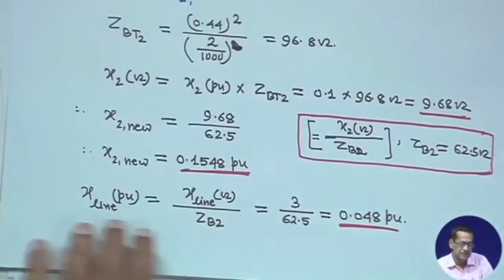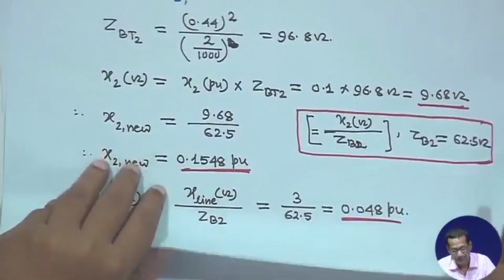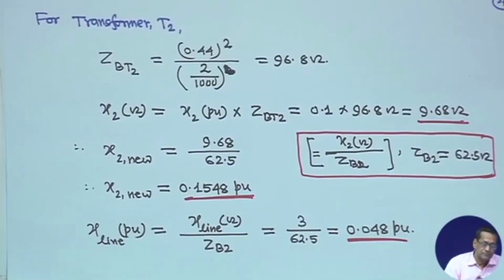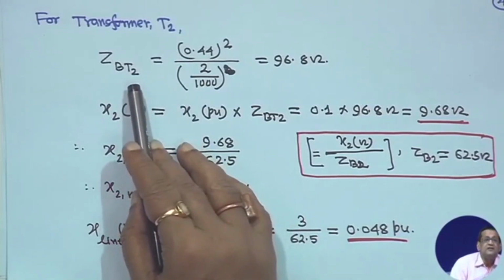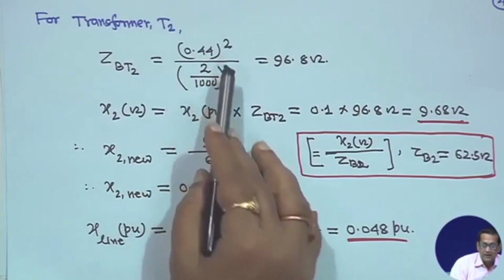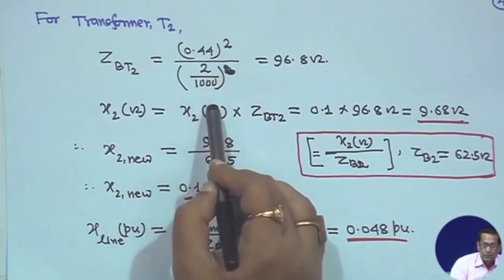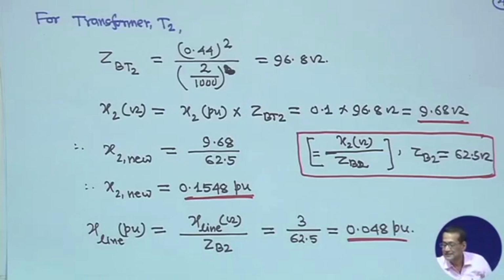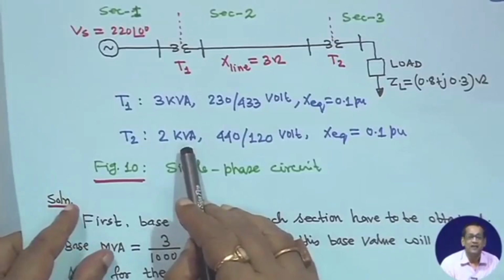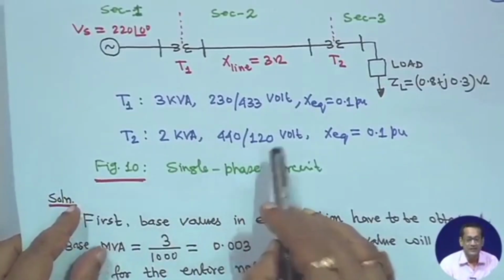For transformer T2, ZBT2 is equal to again 0.44 square divided by 2 by 1000. The reason is like this: transformer T2 is actually 2 kVA, and 440 volt by 120.